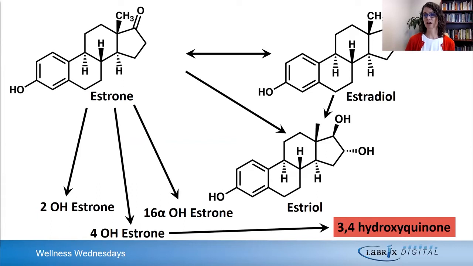You will note that for estriol, there are no backwards arrows, so if somebody is using a supplemental estriol, it is not going to convert into estrone or estradiol. That's an important thing to understand when you're putting somebody on bioidentical hormone replacement therapy. And you will note the harmful 4-OH and 16-OH metabolites coming from the estrone pathway. And you'll note also, as I just mentioned, that estriol is the end of the line, or can be the end of the line.